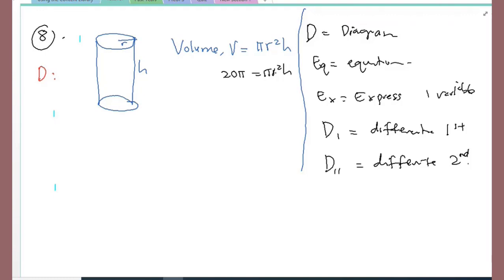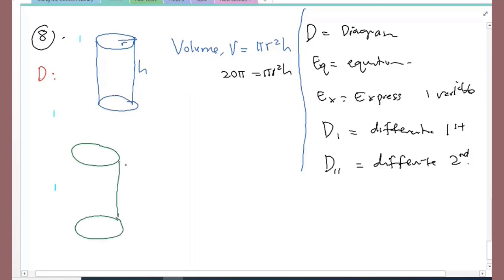Okay, he wants to form a cylinder, so from the material, we have to buy material. Now if we open up the cylinder, it becomes like this. Okay, like that. So the top and bottom, the cost to buy the top and bottom is 10 ringgit per meter square.